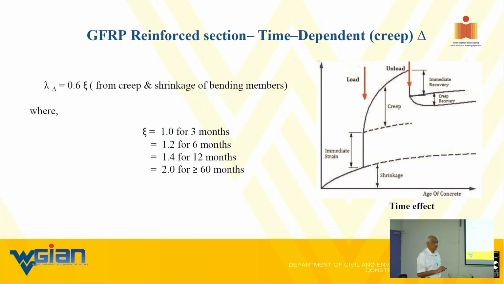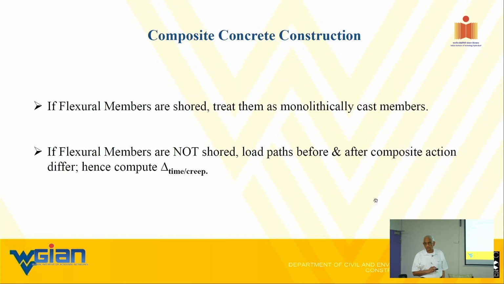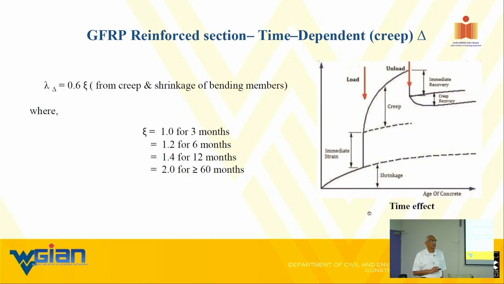So let me repeat myself. Immediate strain means elastic deformation, Mc over I, where M is due to dead load, let's say, not due to live load. So the creep rate and creep deflection magnitude vary depending upon the percentage of the dead load in relation to its failure load.